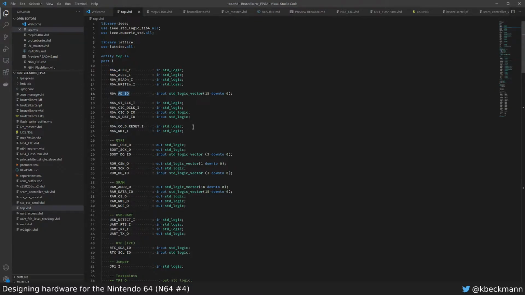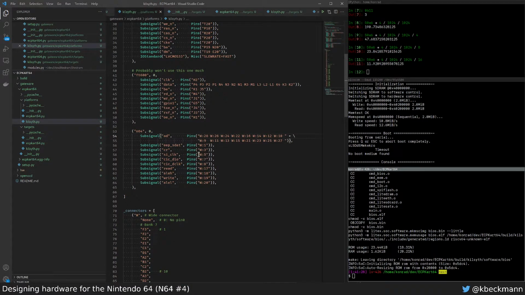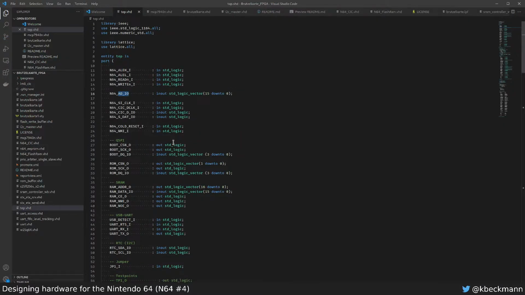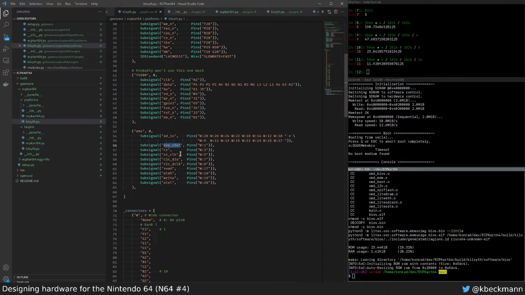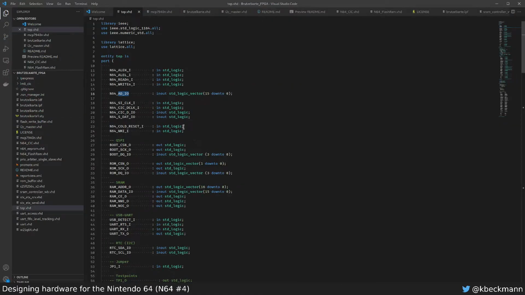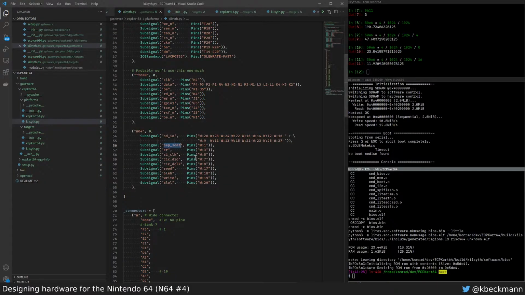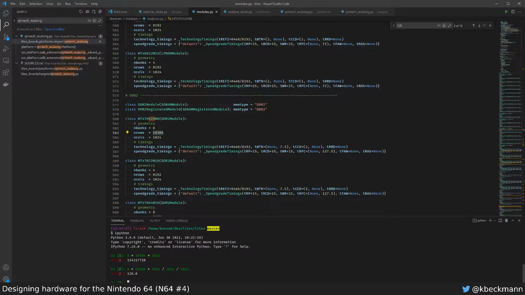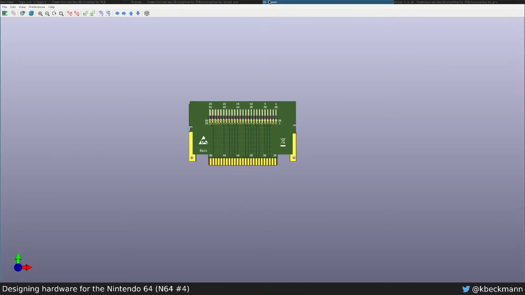Here they call it ADIO, which I don't know. I can call it that way too, I guess. Why not? This one I'm not really sure what it does. EPS dot. I guess it's this one. Right, so I think I have all of the signals here, because this is from my hacky setup.